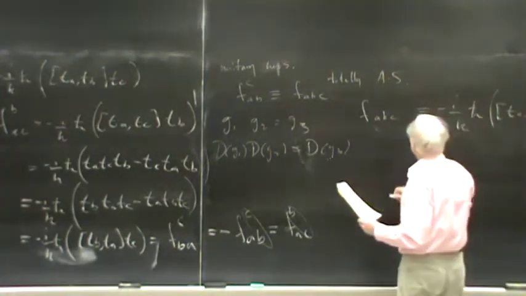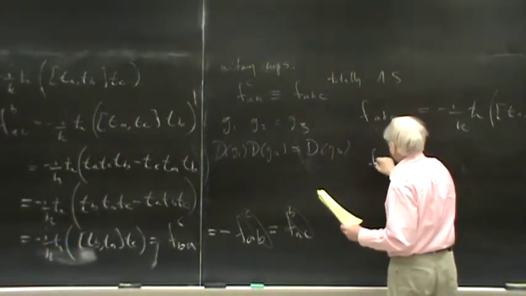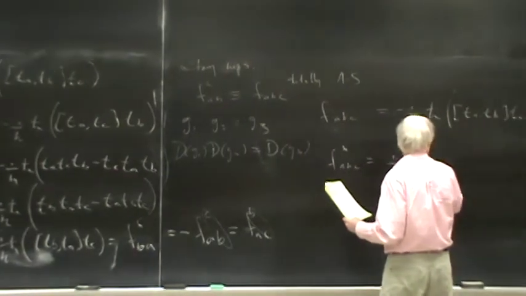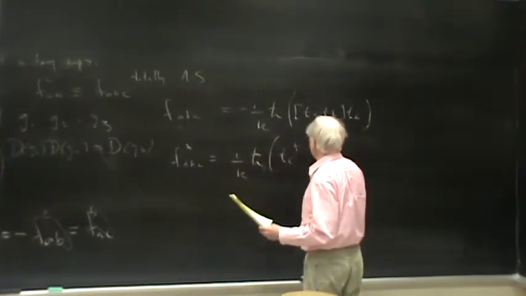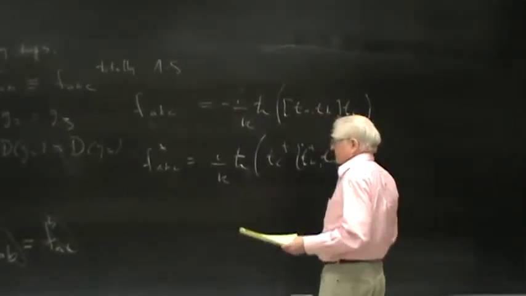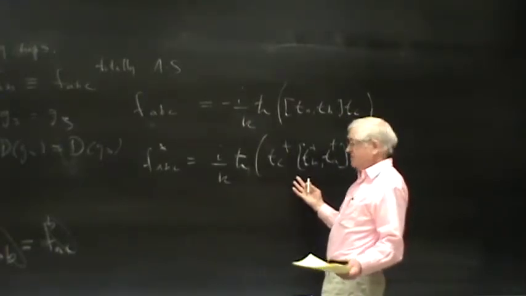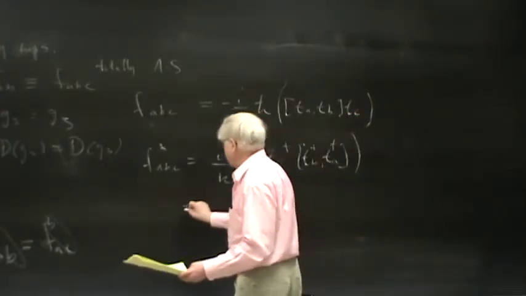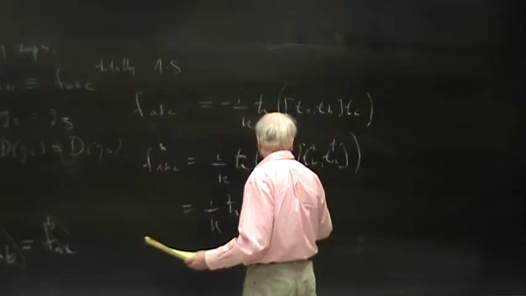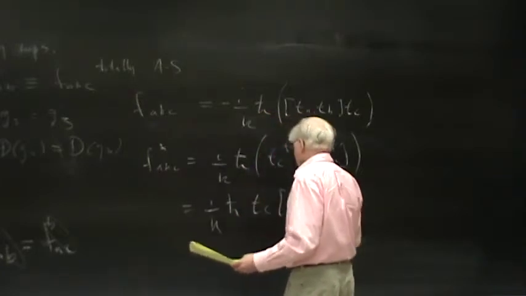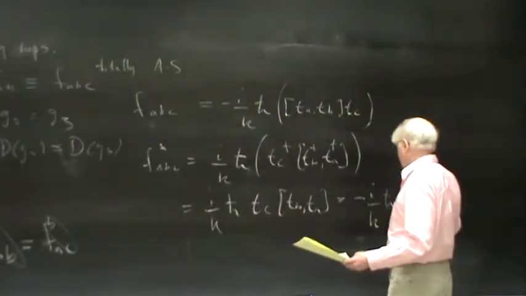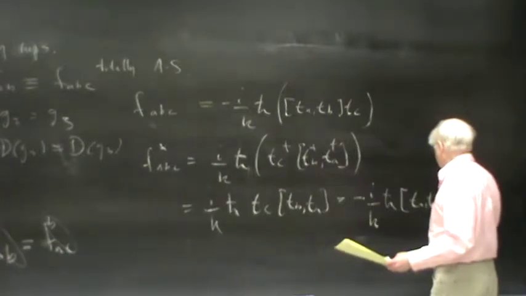And so if we take the complex conjugate, we get f*_ABC is i over K trace of the commutator of TC dagger, TB dagger, TA dagger, but we're talking unitary representations, all the generators are Hermitian, so this is i over K trace TC TB TA, which is the same thing as minus i over K trace TA TB TC.